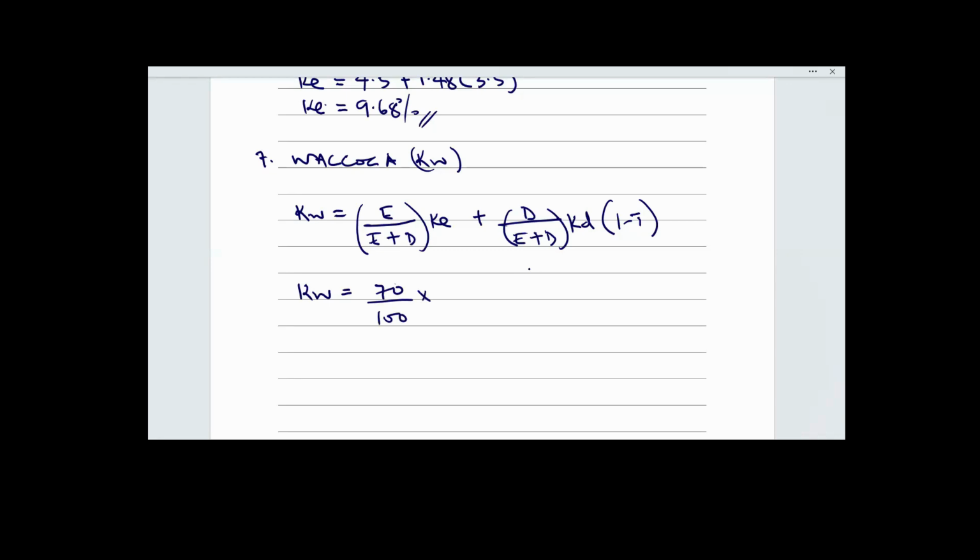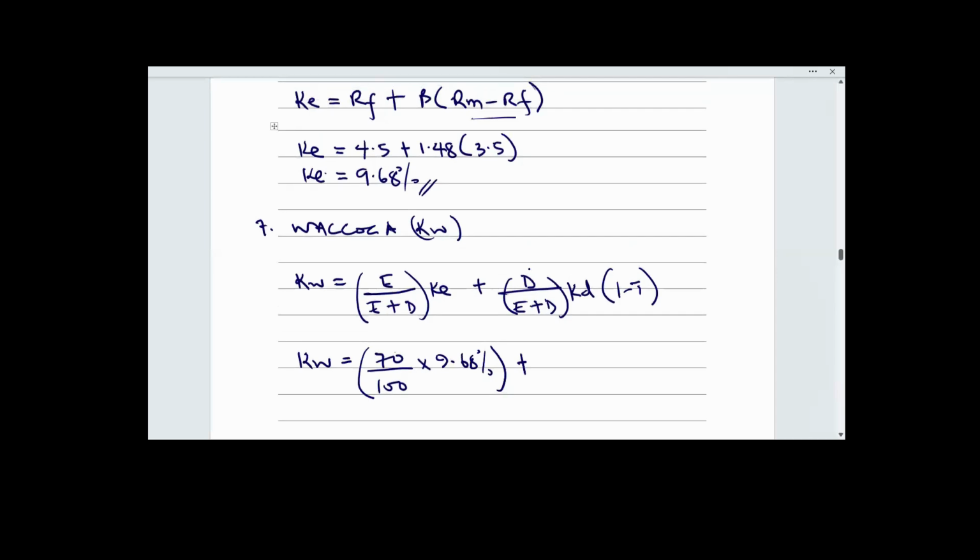Cost of equity we computed is 9.68. All right, plus value of debt is 30% over total value 100. Cost of debt, let's go back to the question. Examiner told us that Columbia PLC can borrow at 2.5% above the risk-free rate. 2.5% above 4.5, that's 7%. Tax rate is 40%.